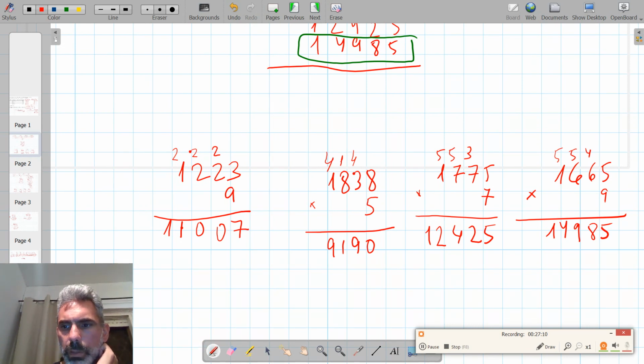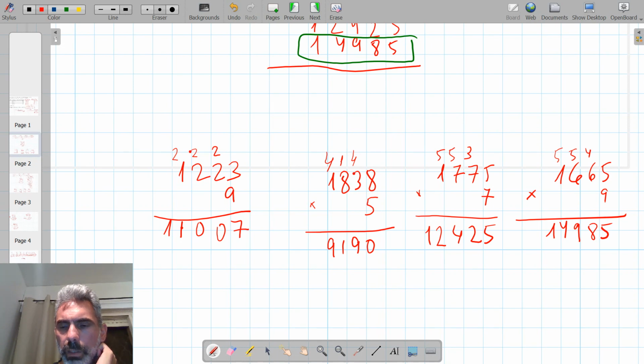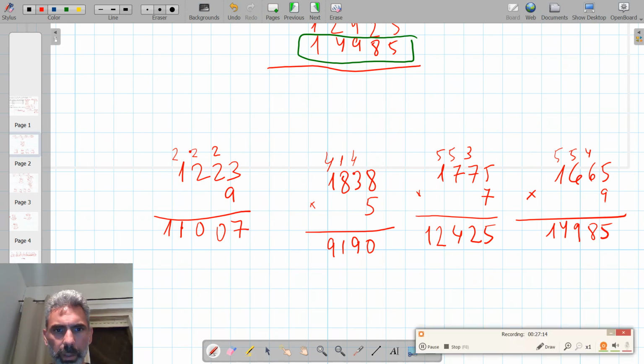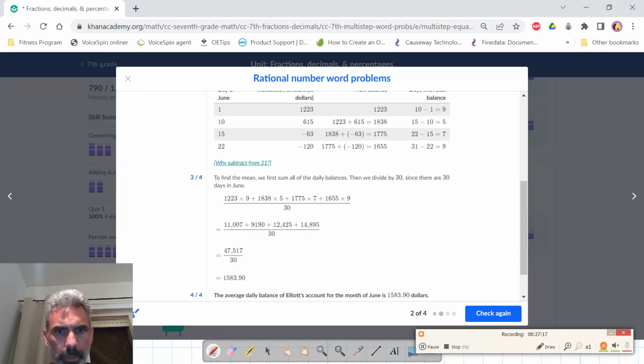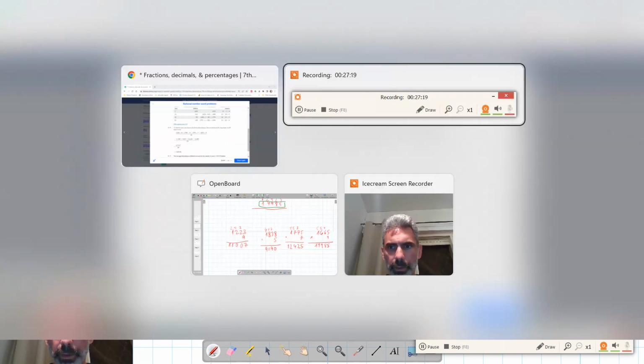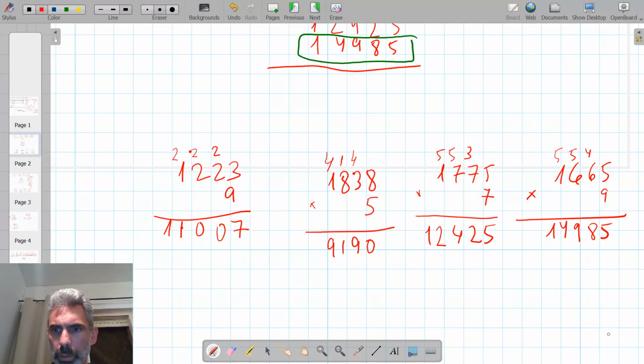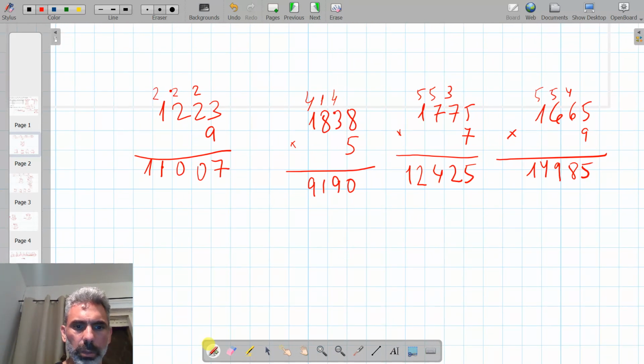Suppose the right answer here is 14,895, and I wrote 14,985. It's supposed to be the other way around. So let's do this multiplication once more. See, why did I make a mistake here? 1665 times 9.